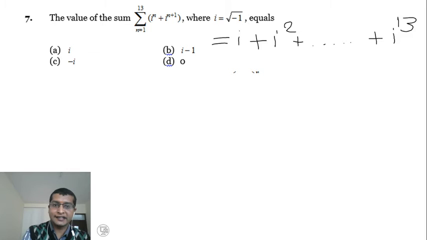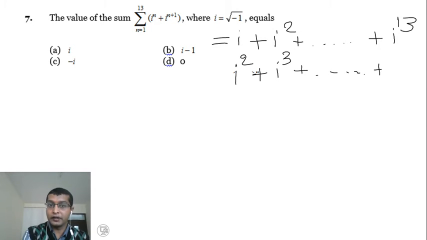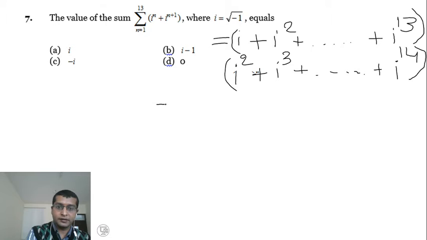On the other hand, the second term I expand, so I take n equal to 1, we get i square, and then i cube, then like that. So it is i raised to n plus 1, we get i raised to 14. So this is the first term expansion, this will be the second term expansion.